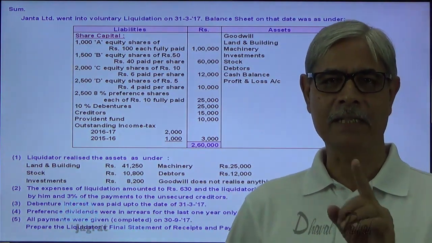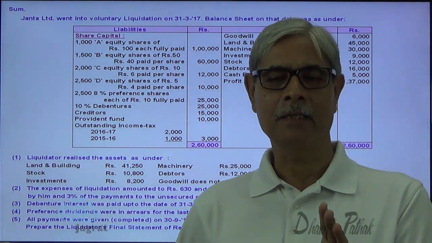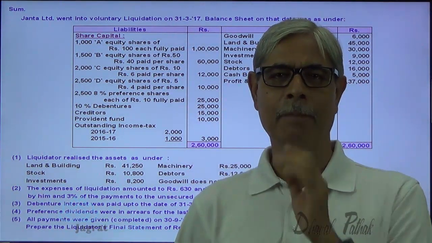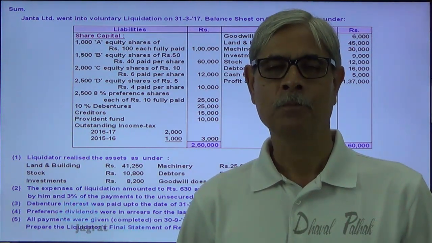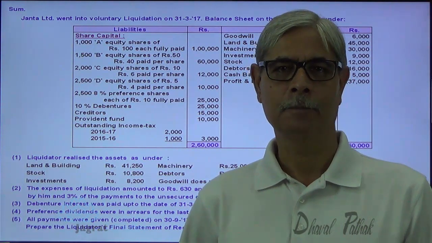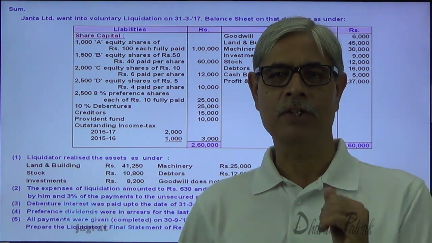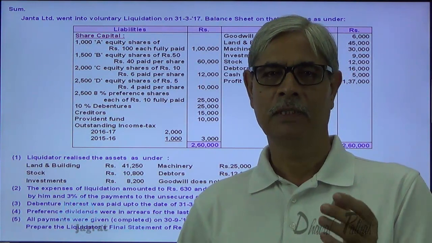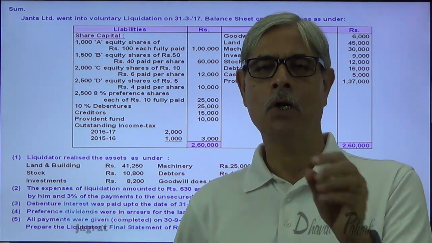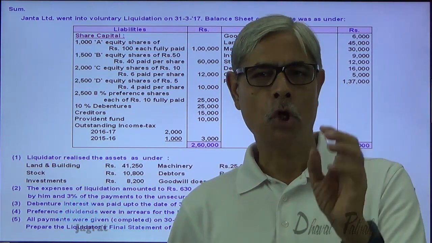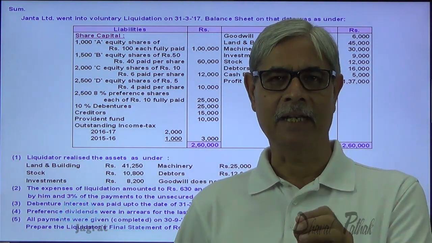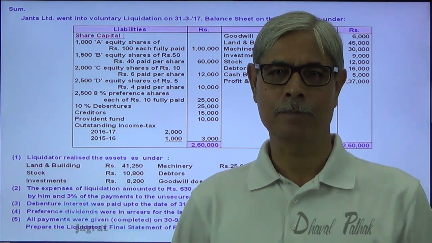This liquidator is appointed either by shareholders, members, or is appointed by tribunal. The liquidator who is so appointed, his function is to collect, assume and realize all assets of the company. So all assets of the company should be collected and realized, means converted into cash.